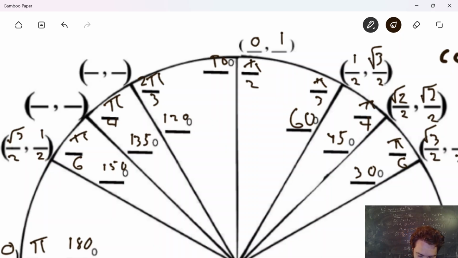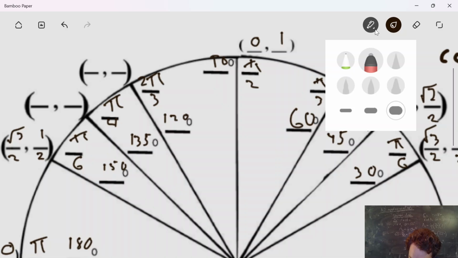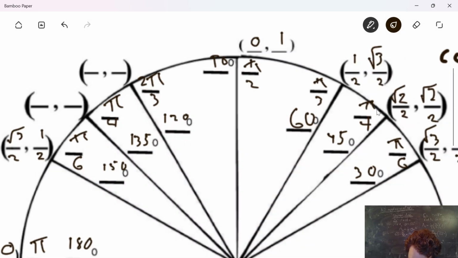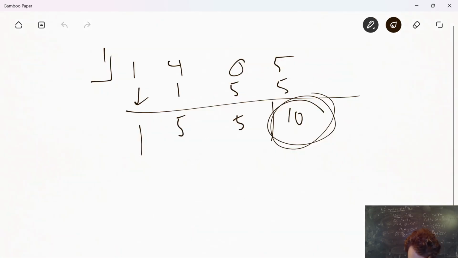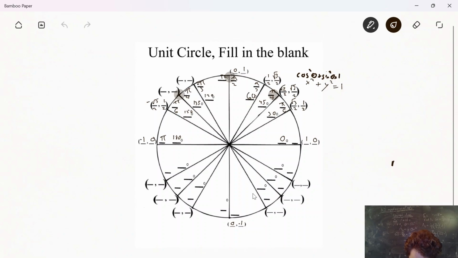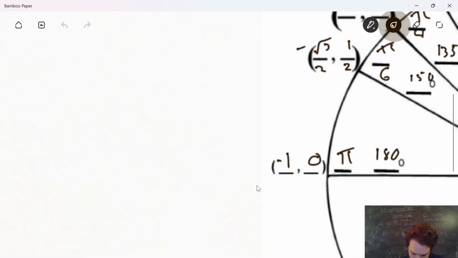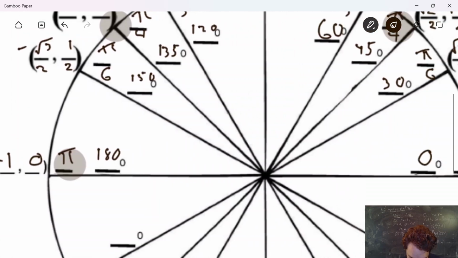I can do the same thing with fourths. So notice that pi over 4 divides the semicircle into 4 even parts. So we have 1 pi over 4, 2 pi over 4, 3 pi over 4, 4 pi over 4.